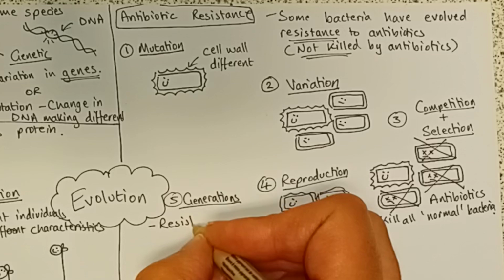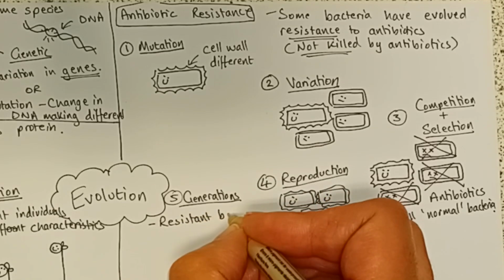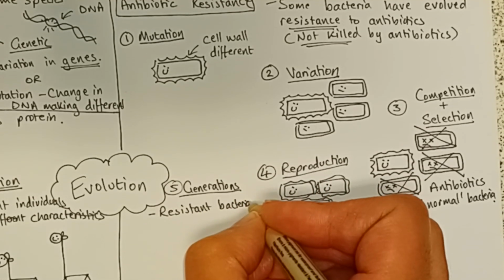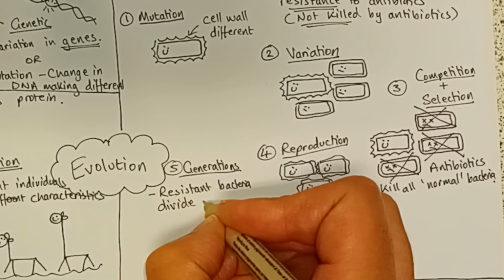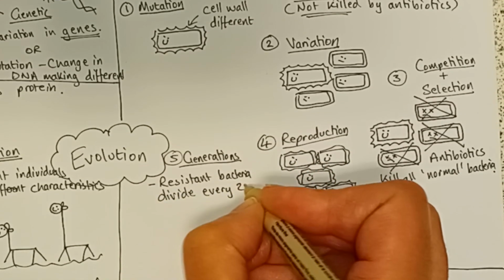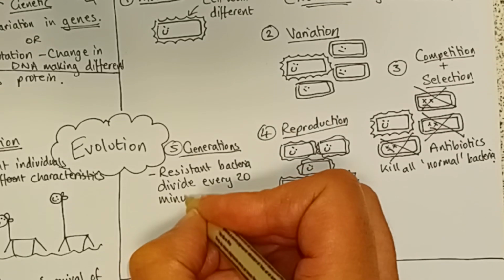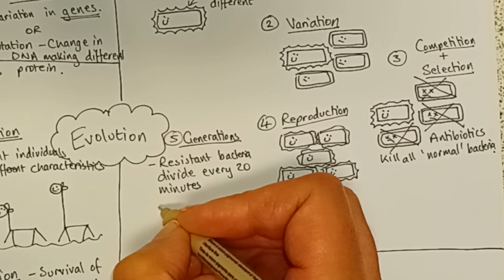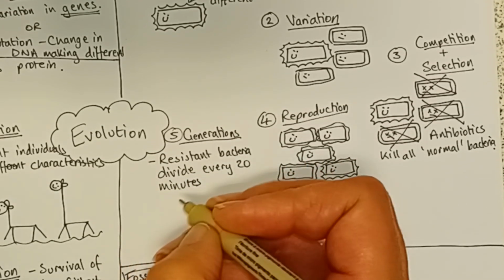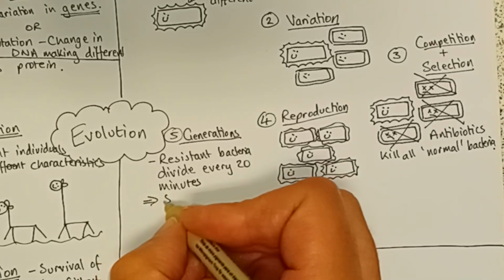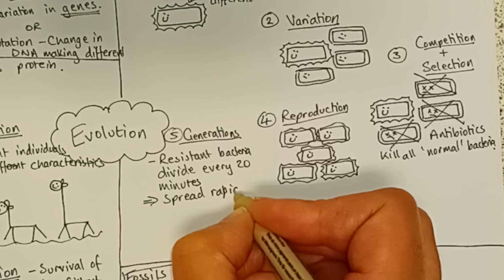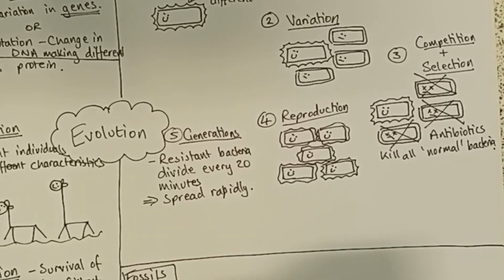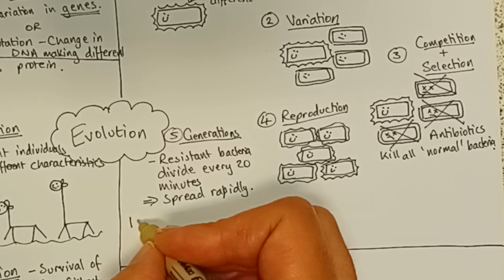So resistant bacteria divide every 20 minutes. So they spread rapidly. So this is a massive issue.